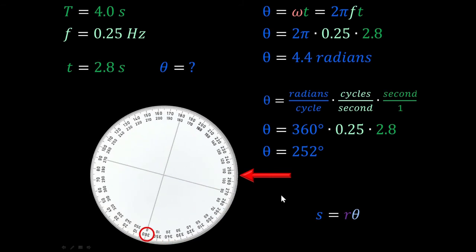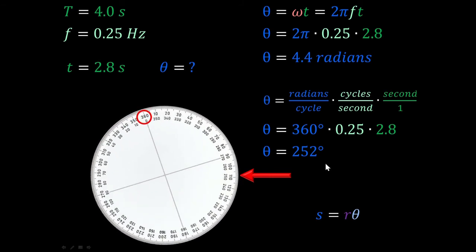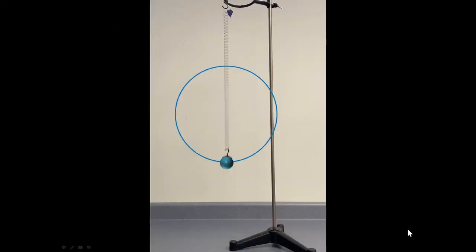So in 2.8 seconds, that's 250, just a little bit more. Just a reminder about this equation is that it only works if we measure the angle in radians. It wouldn't work if we measure the angle in degrees.